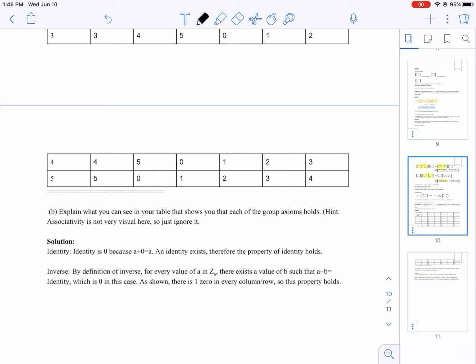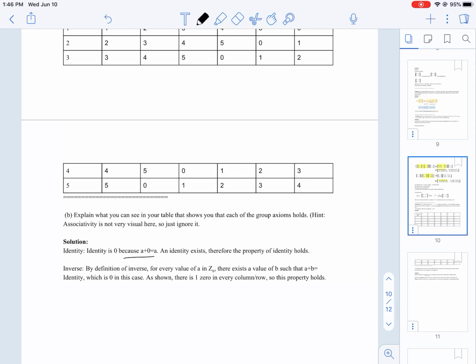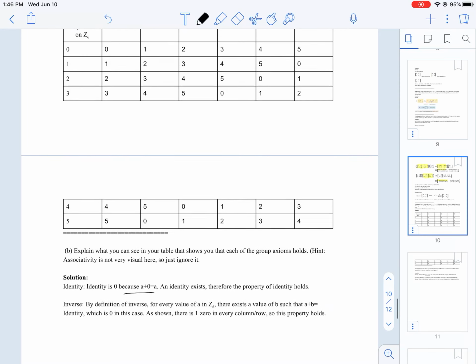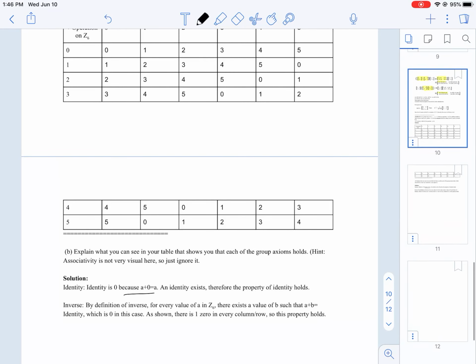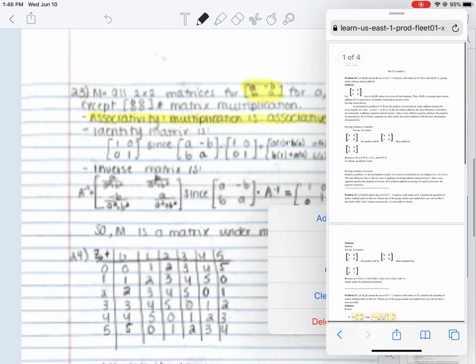It's because a plus 0 is a, right? Remember we also need to think about 0 plus a, although that's not a big point at this stage. But what I really want to emphasize is, what do we see in the table that shows us that 0 is the identity? What does that look like visually? And I think you did a pretty good job.